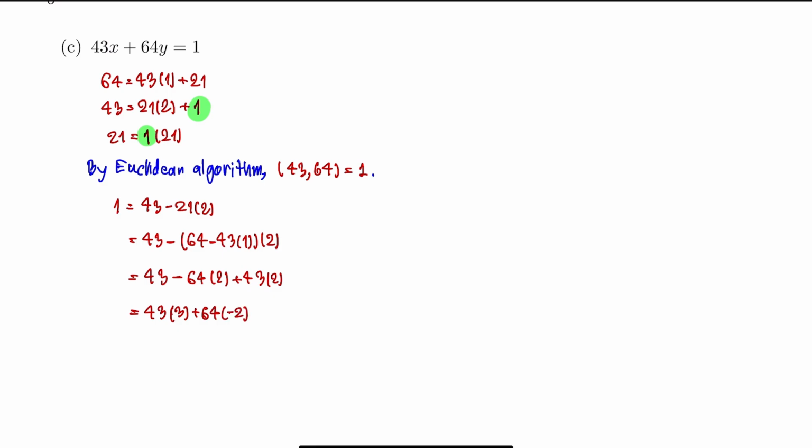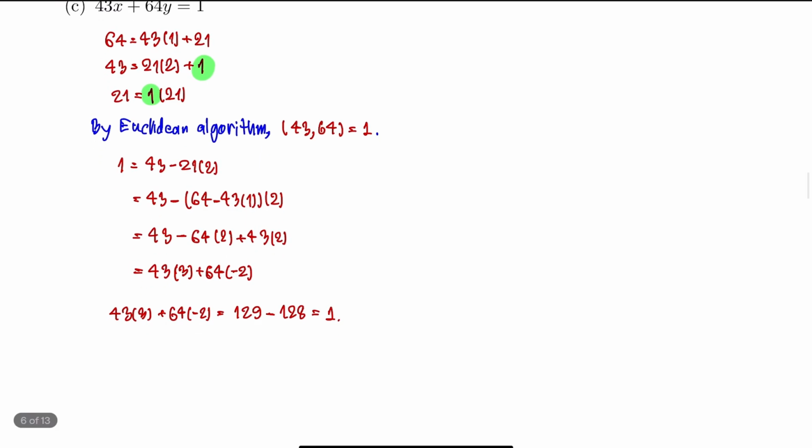Okay, so I think it should be this one. So let's try to rewrite it and check that 43 times 3 plus 64 times minus 2 is actually 1. So 43 times 3 is 129, minus 128, which is 64 times 2, and it is actually 1.